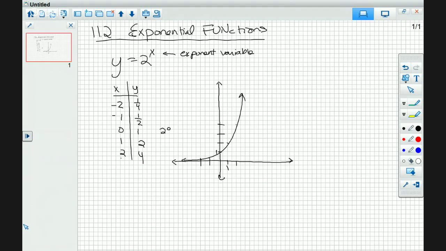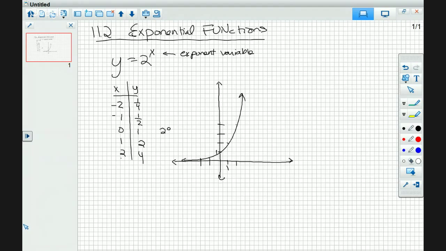There's that curve, y equals 2 to the x. They all pretty much follow the same shape.